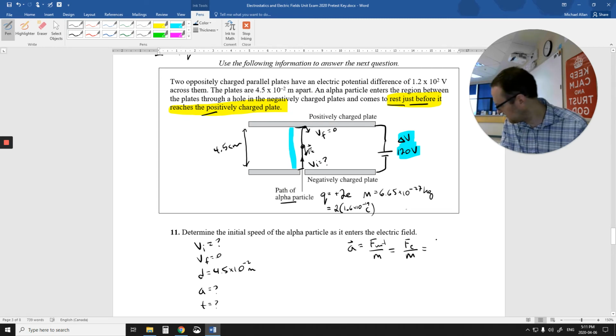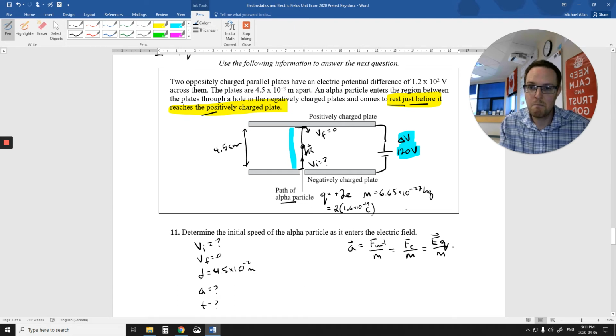Okay, so to find Fe, I look at my formula. The only formula I was allowed to use in that situation, because it's parallel plates, is E times Q. I know my Q and my M, but I need to know my E. I have a formula for E. I can find my electric field by going delta V over delta d. I'm going the whole distance, so I'm changing this whole voltage.